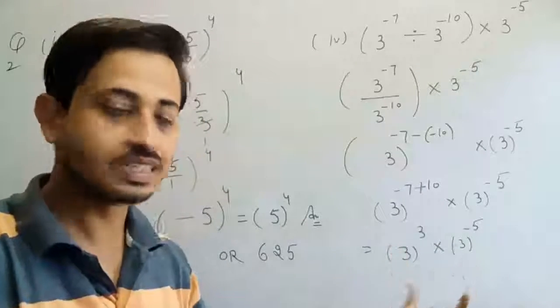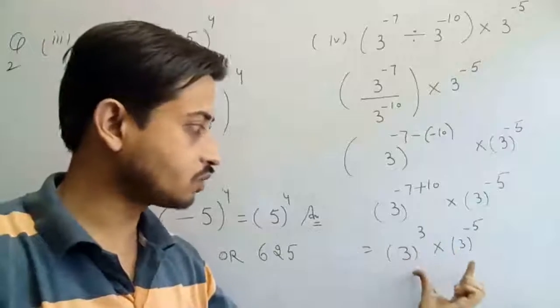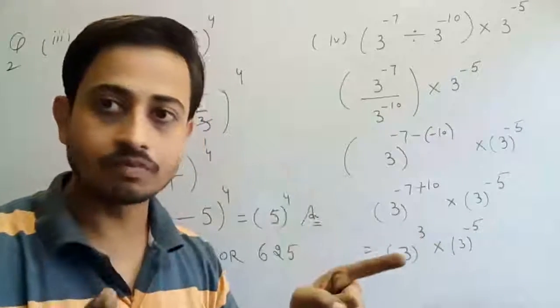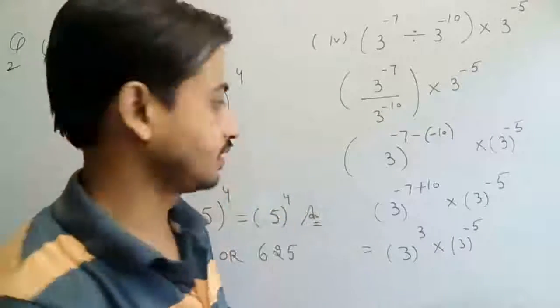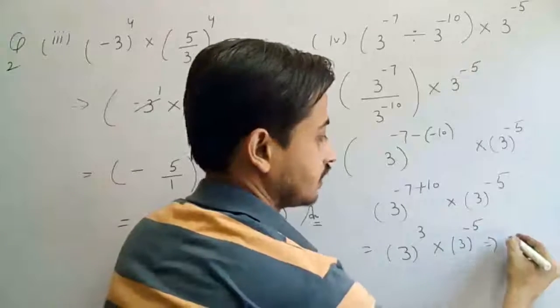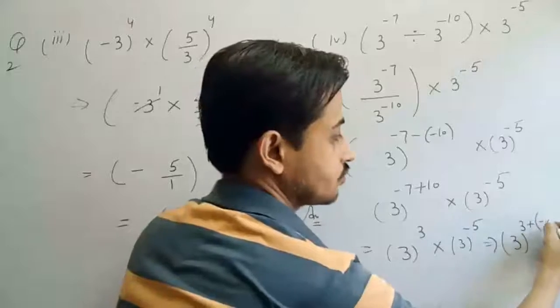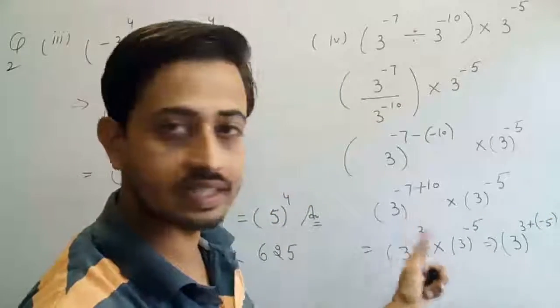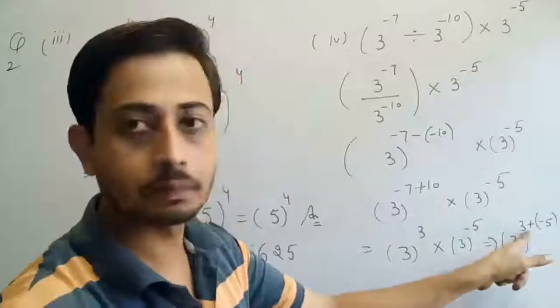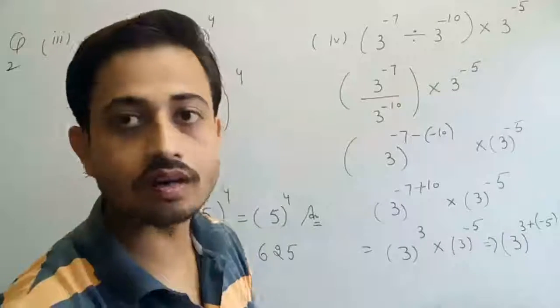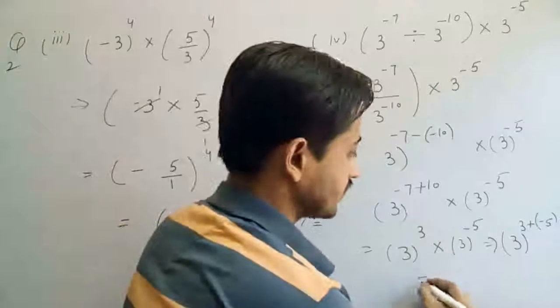So what's the answer? If the exponent is same, power will be add. So what's the answer is? 3 raised to the power 3 plus minus 5, because we have to add 3 and minus 5, so we have to use plus. Now plus minus is what? Minus.